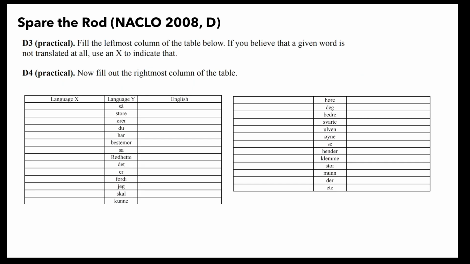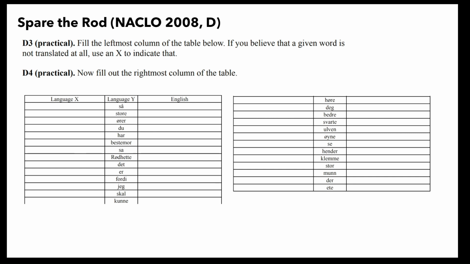Alright, so I know that we have skipped D1 right now, but I just figured that since D3 and D4 are translation problems where we're doing a table with language X and English, we can translate sentences X1 and X2 into English after doing this table, because we'd have an even better understanding of the problem and the text.